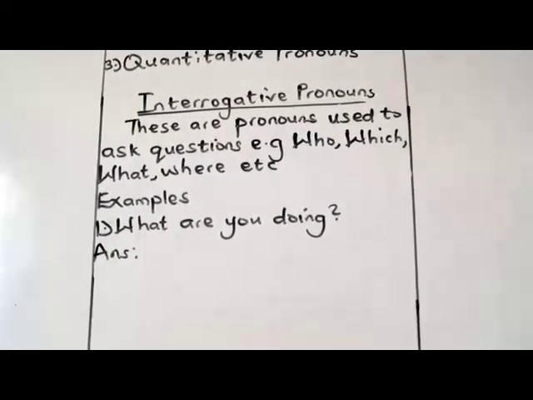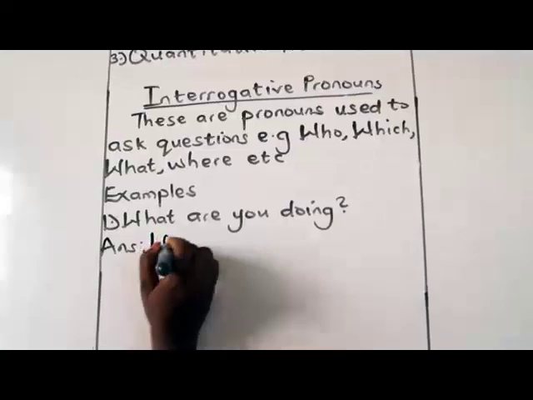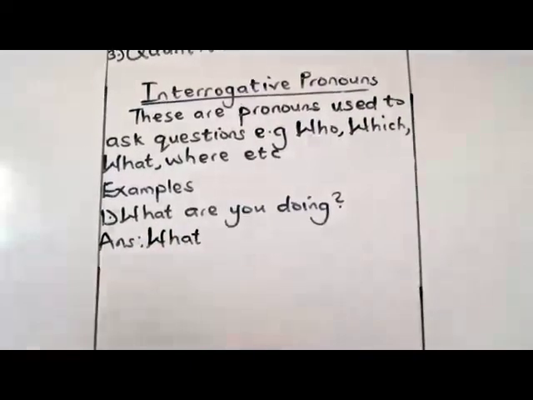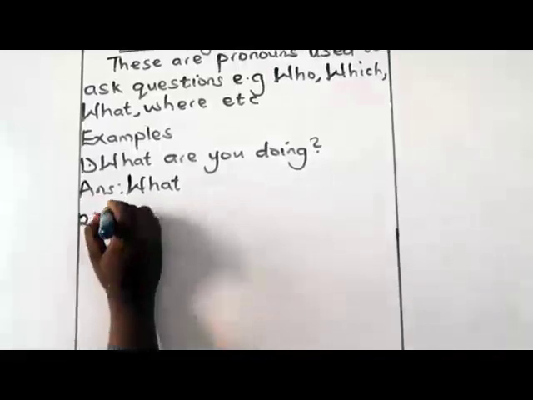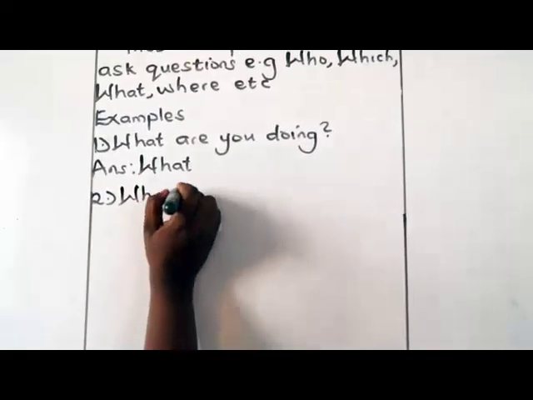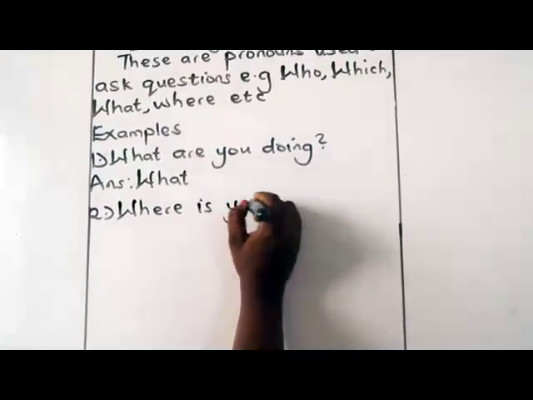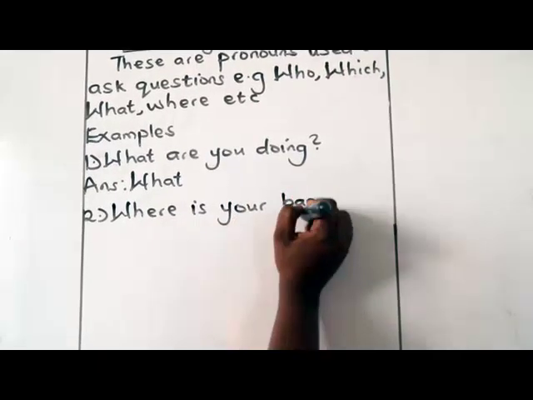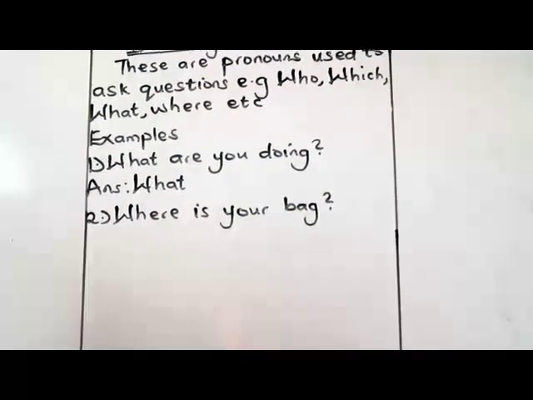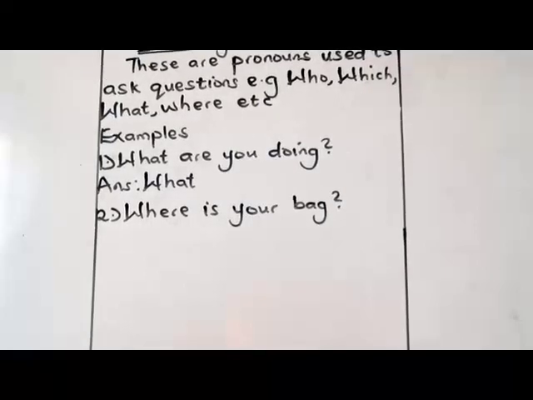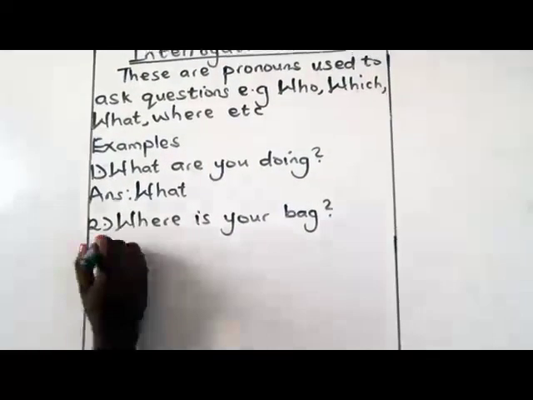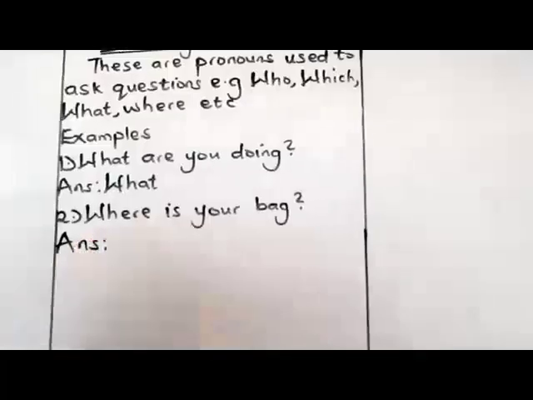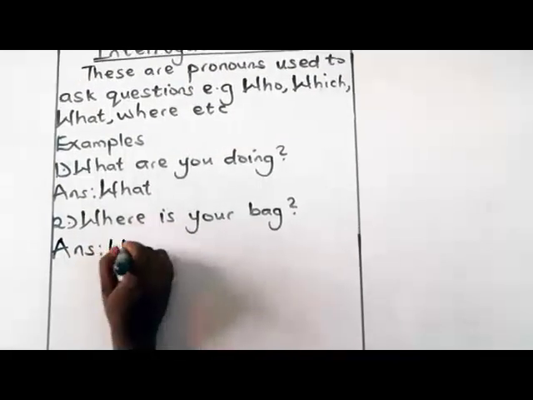The interrogative pronoun is what. The second example I'll give you today is, where is your bag? If you look at that second example, what is the interrogative pronoun there? You discover the interrogative pronoun there is where.